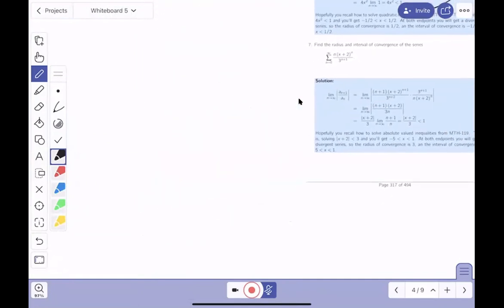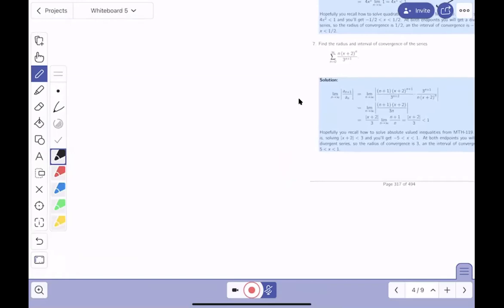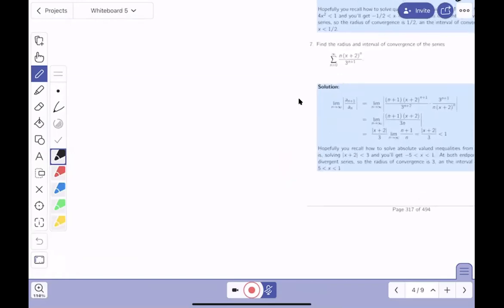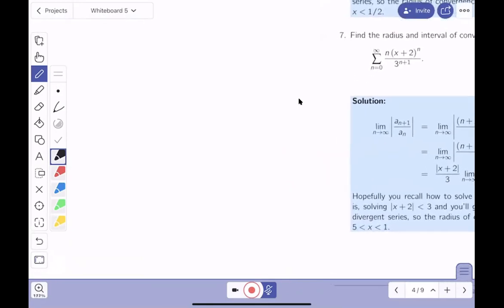The next one wants the interval for this series, so I have to write it down. Let's make sure we understand what we're doing. I know it's repetitious, but part of being repetitious is you're learning, and by learning, you're repeating something to make sure you understand. When you get to exams, it should be pretty simple.